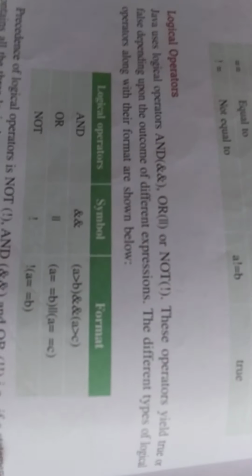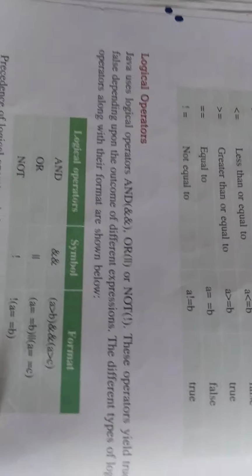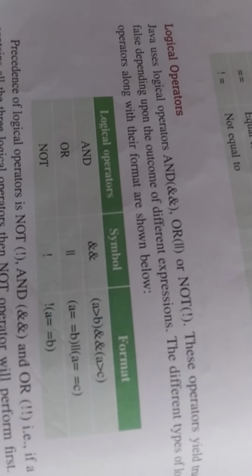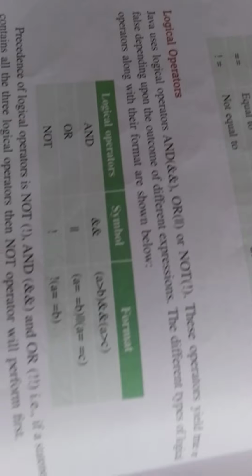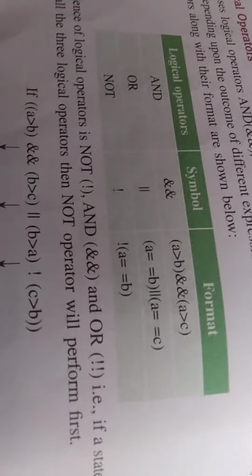Whereas for NOT, the third logical operator, just 1 variable, 1 operand, will be enough. Clear?